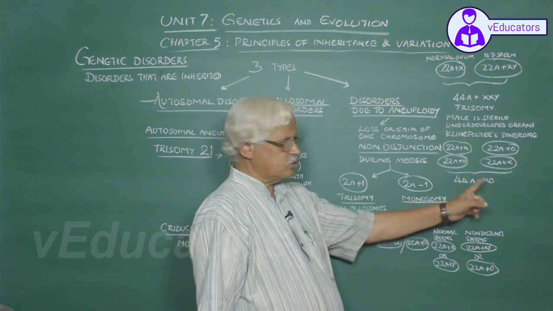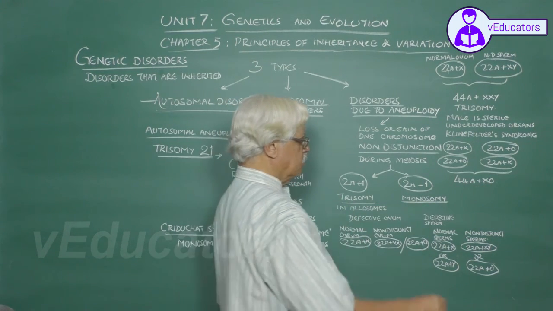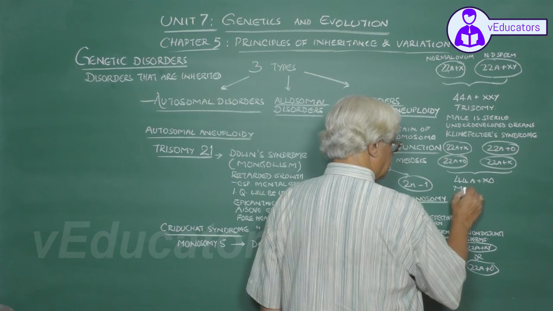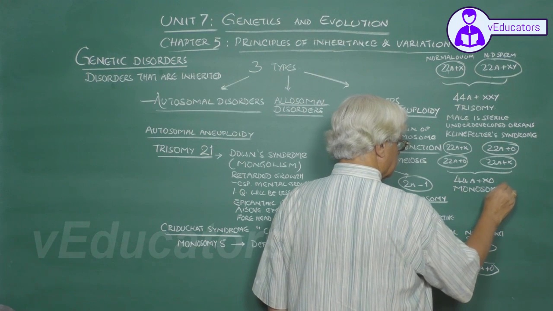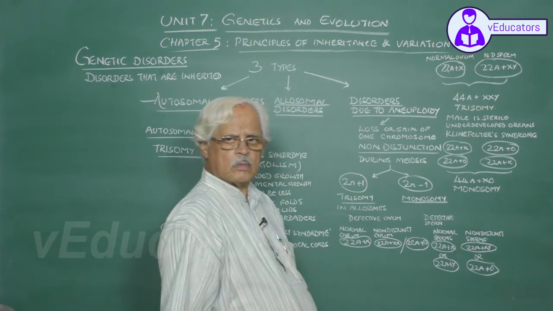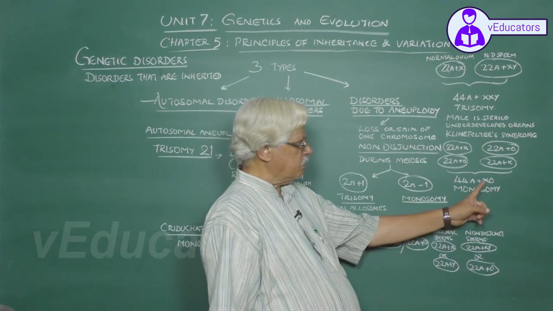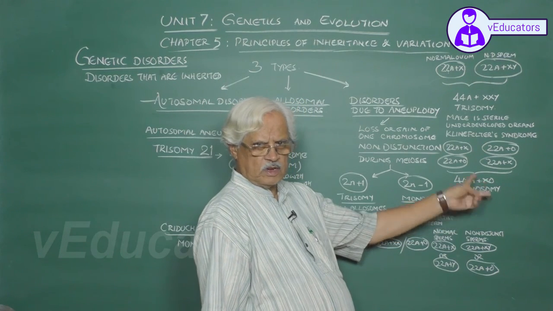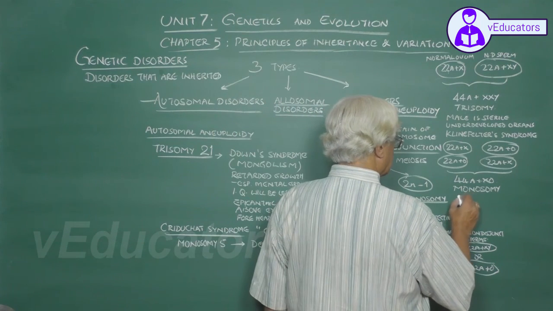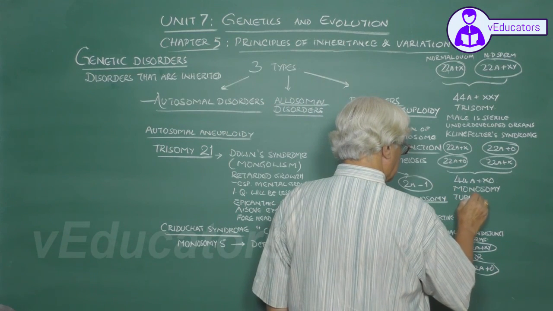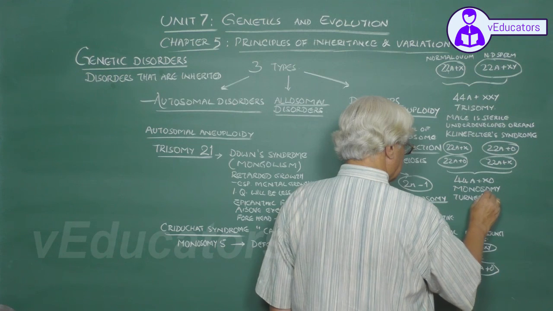In place of 2 sex chromosomes, only one is present. So this is a case of monosomy. This zygote would develop into female because X chromosome is present and Y chromosome is absent, and this condition is called Turner's syndrome.